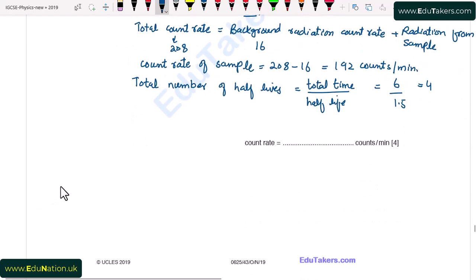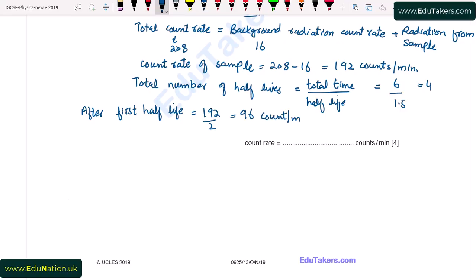Now after the first half-life, half of the sample will decay. So the count rate becomes half. After the first half-life, it will be 192 divided by 2, and it is 96 counts per minute. After the second half-life, it will be half of this value.